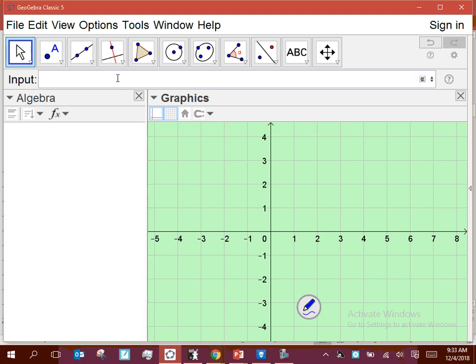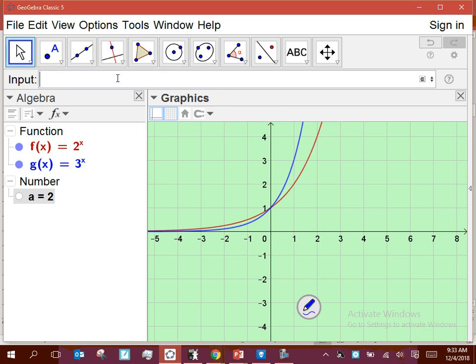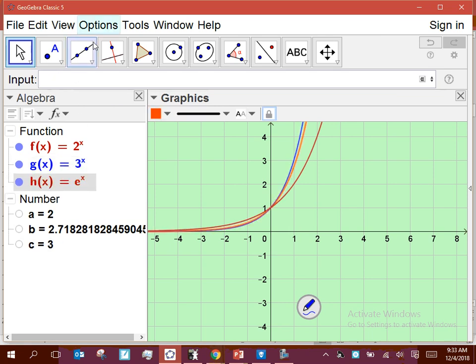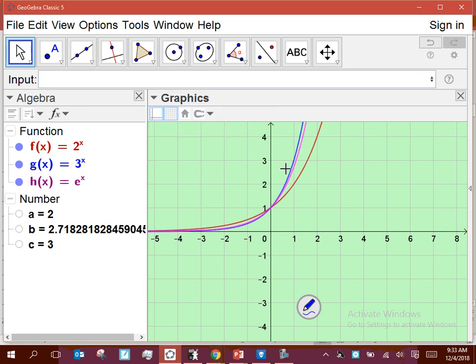If I had, for instance, 2^x and 3^x, and I put the number 2 down, the number e down, and the number 3 down, you see how e is between 2 and 3, and it's closer to 3, right? So when I look at what the graph of e^x looks like, the same kind of argument should present itself.